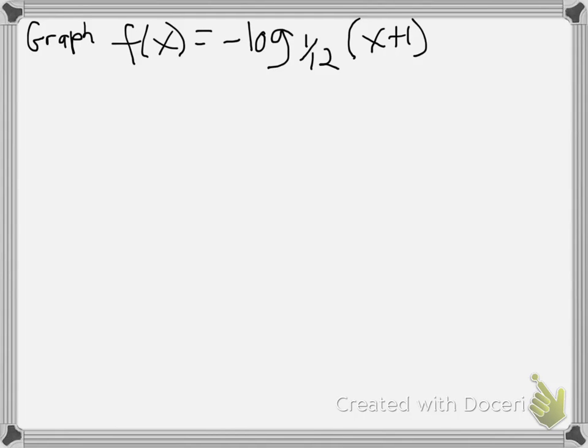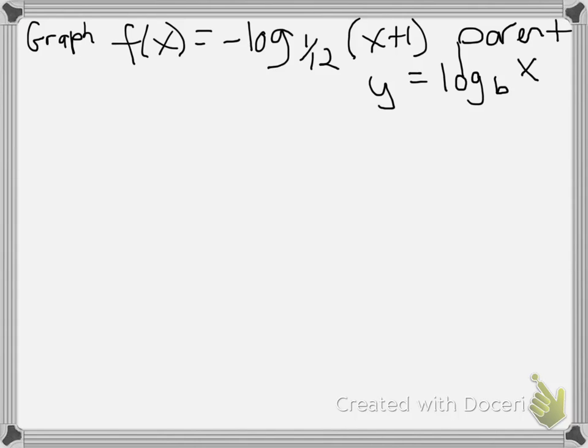Here's our second example. Let's graph f of x is equal to negative log base 1/12 of x plus 1. Again, first thing we would like to find is the parent. The parent is in the form y equals log base b of x.